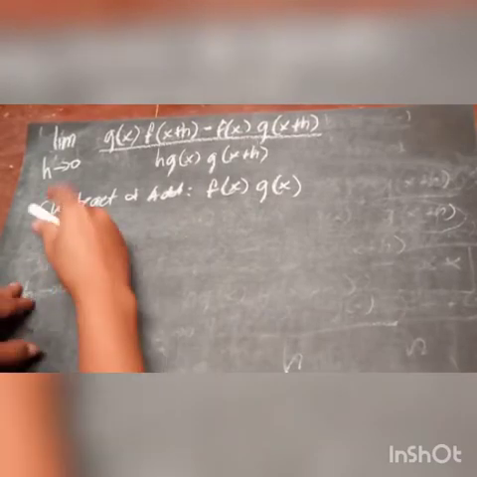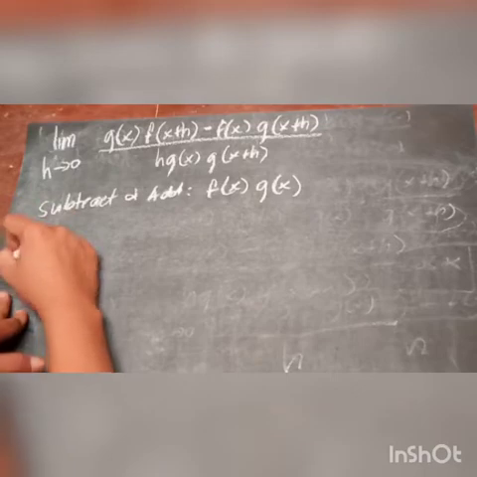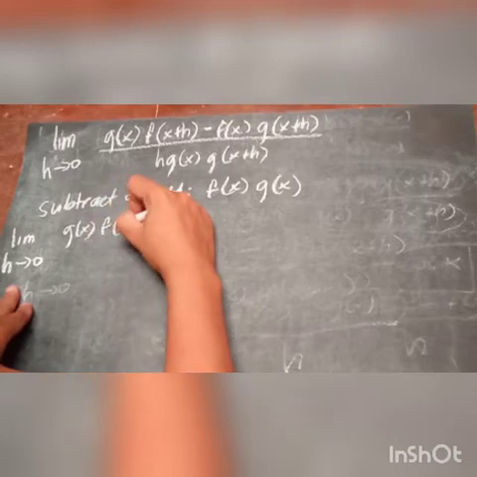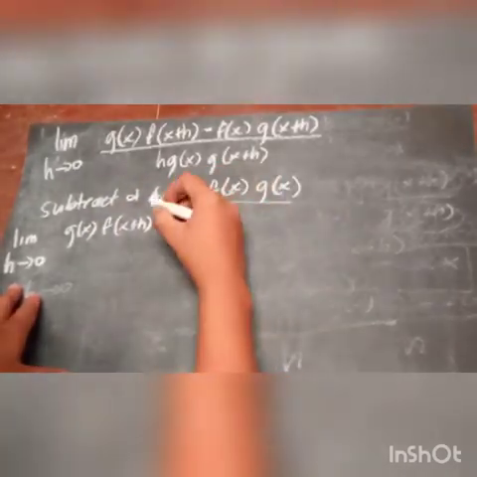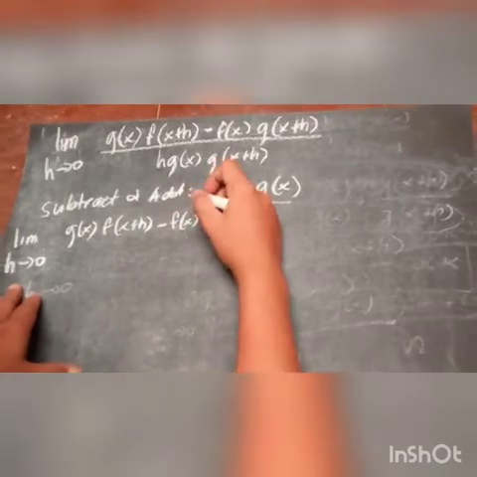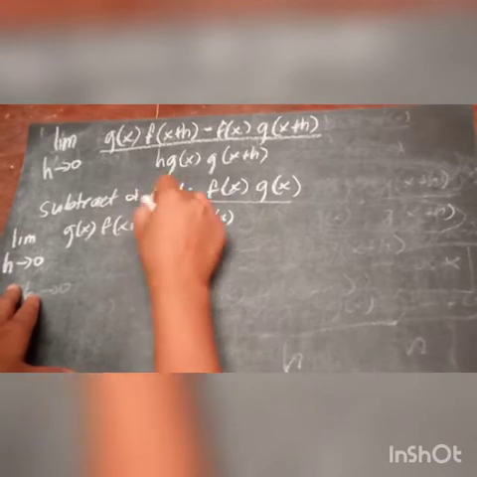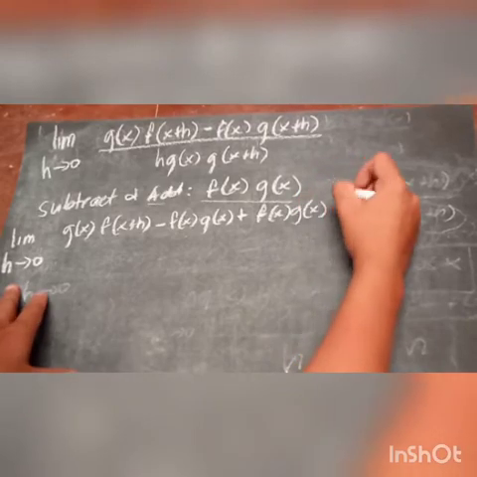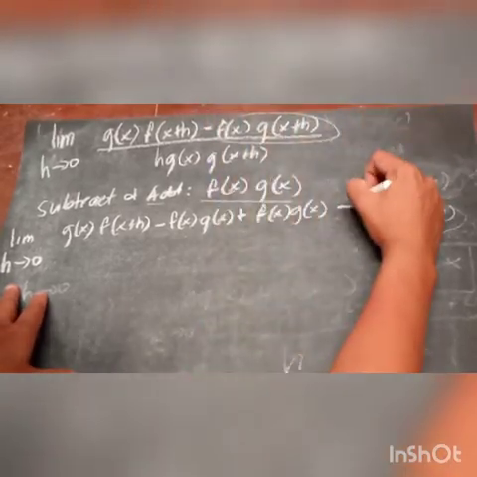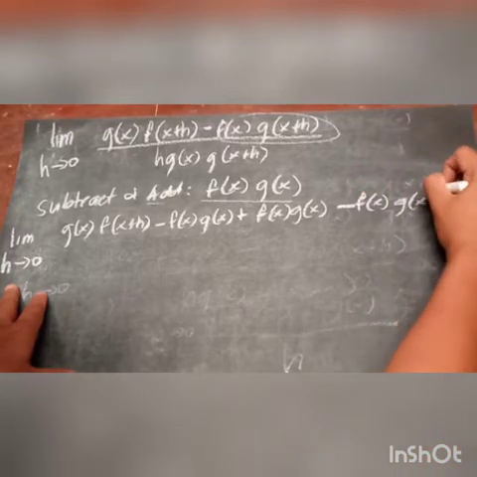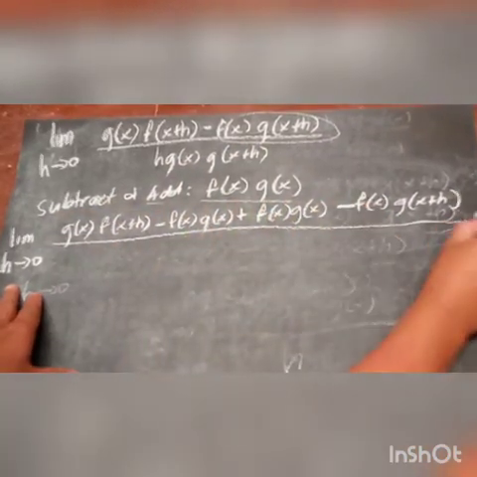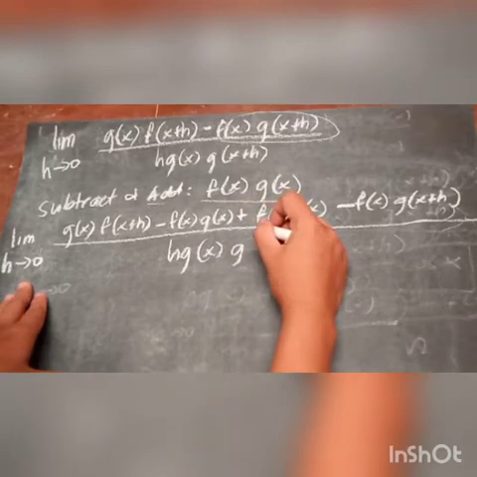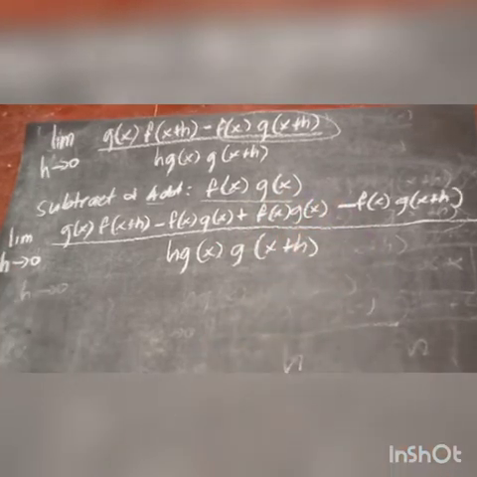So we have the limit as h approaches 0 of g of x times f of x plus h, then subtract f of x times g of x, then add f of x times g of x, minus the remaining term, f of x times g of x plus h, all over h times g of x times g of x plus h.